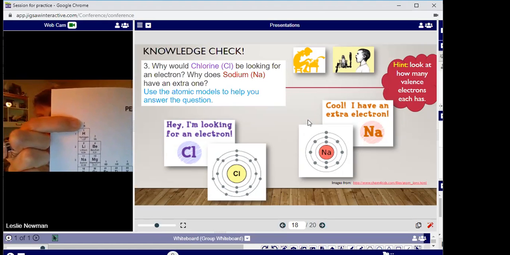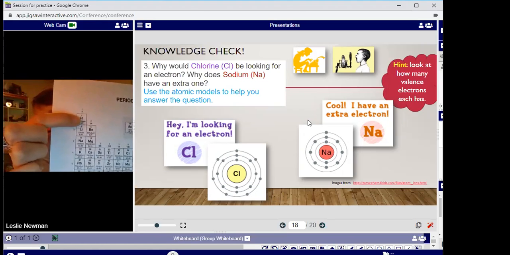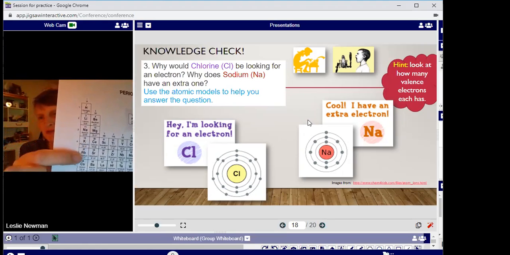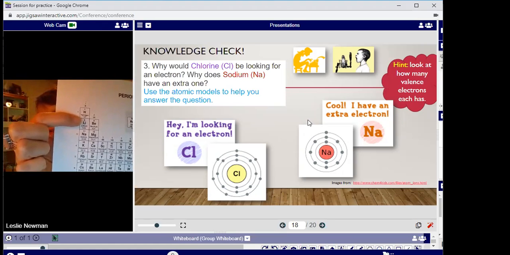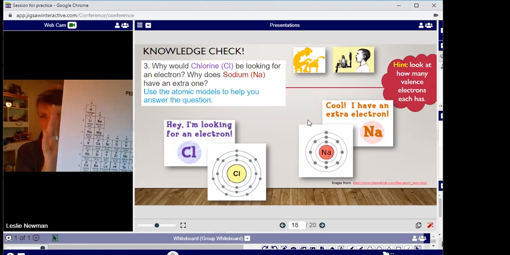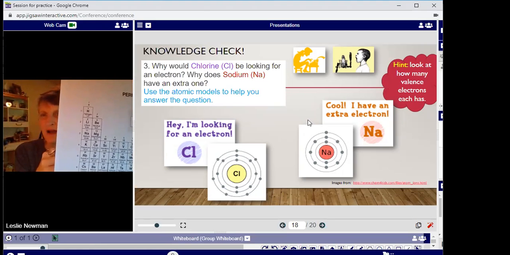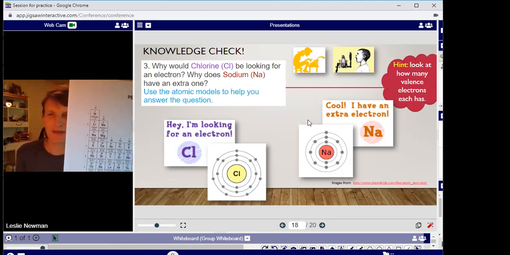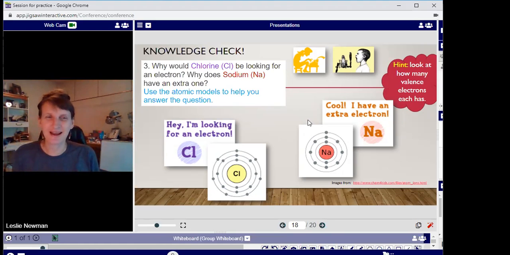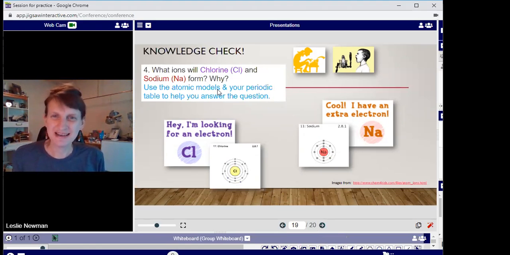Group 1 has 1 valence electron. And so all of these group 1 elements are very reactive in their elemental state. And eventually I'll show you a reaction of sodium and what it does. It's a pretty violent reaction, but really neat to watch. Anyway, one more question and then we will reach the end.